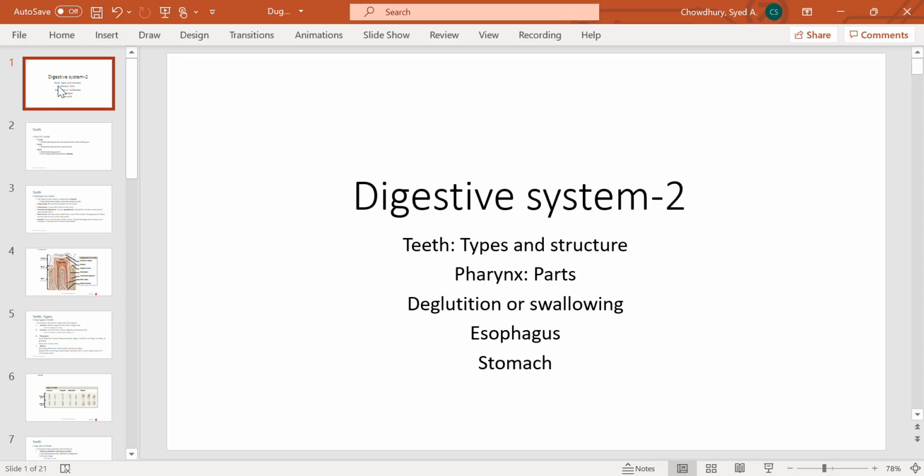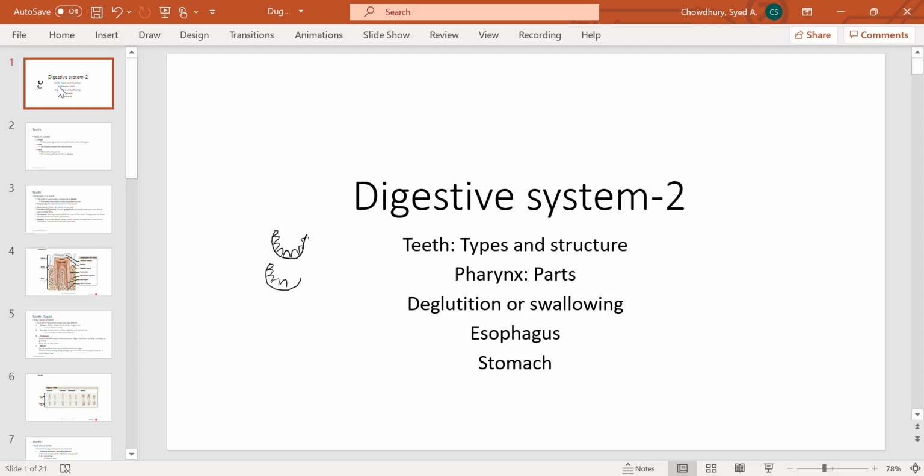Teeth form two arches. Upper teeth form the upper arch and the lower teeth form the lower arch. You know that upper teeth are attached to the upper jaw bone, the maxillary bone, and lower teeth are attached to the lower jaw bone, which is the mandible, right?